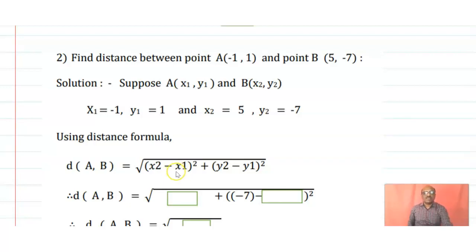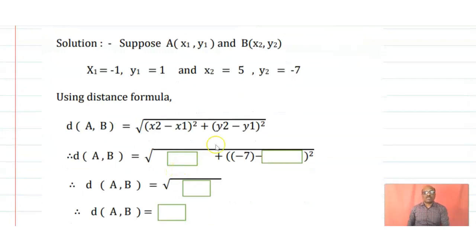Now here we will substitute the values. इथे बघा, it is a formula, x2 आहे तो. What is x2? x2 is 5 minus in bracket minus 1 and this whole square and minus 7 minus in bracket.